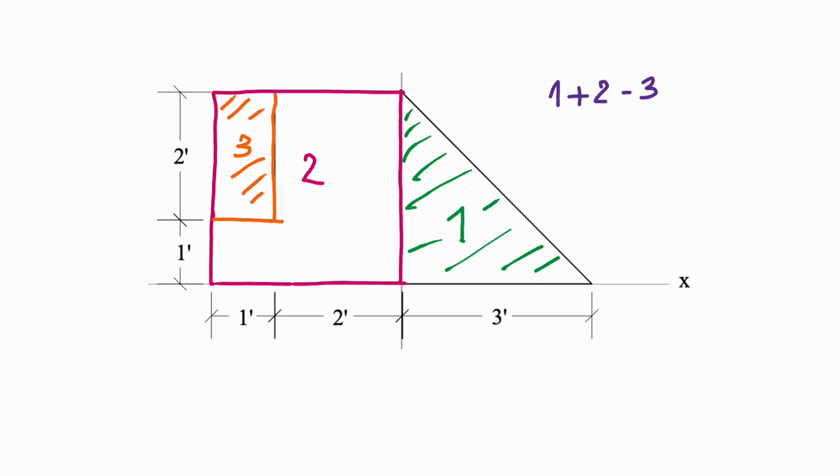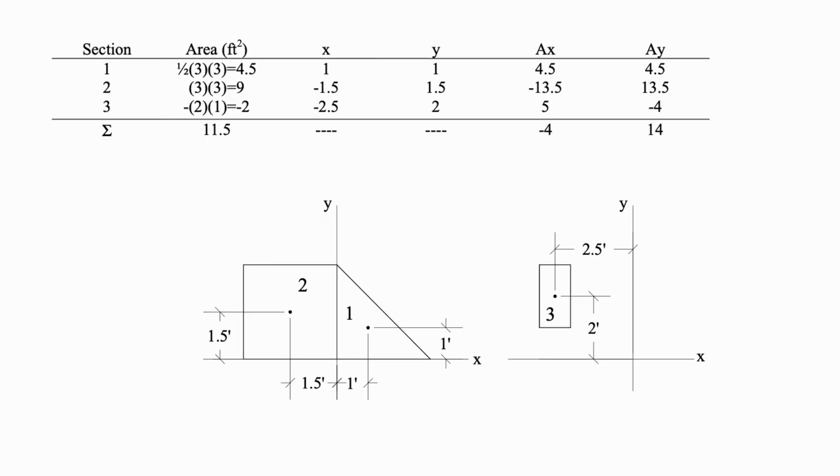Since we divided this composite section into 3, the area for the triangle will be 3 times 3 divided by 2, which is 4.5 square feet. Then for the square, 3 times 3, which is 9 square feet. And we subtract the rectangle, which is minus 2 times 1, that means minus 2 square feet. So the whole area will be 11.5 square feet.